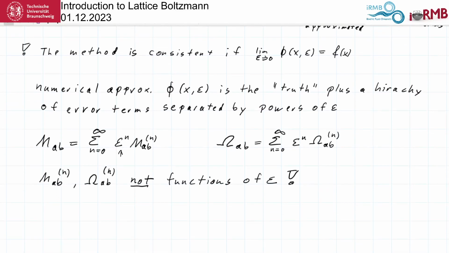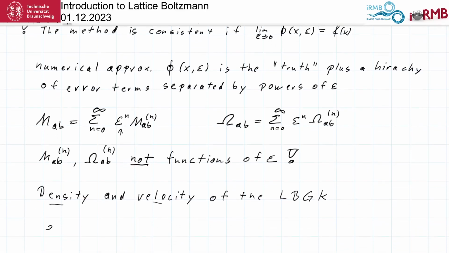Okay, let's look at something specific. Say we want to solve the Boltzmann equation or the Navier-Stokes equation. So what is going to come out of this is, for example, the density and the velocity. They will come out of our LBGK. So, and now we'll have a rho. So this is the outcome of our simulation, the density rho, right?